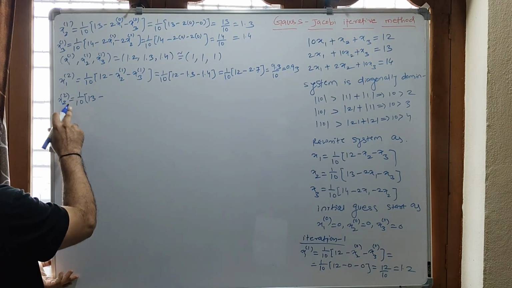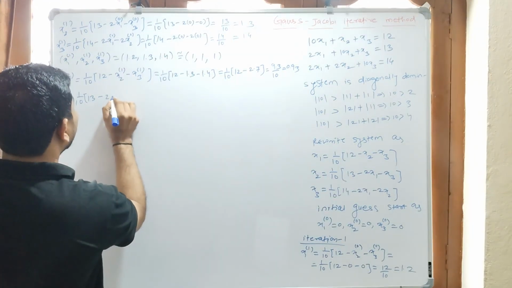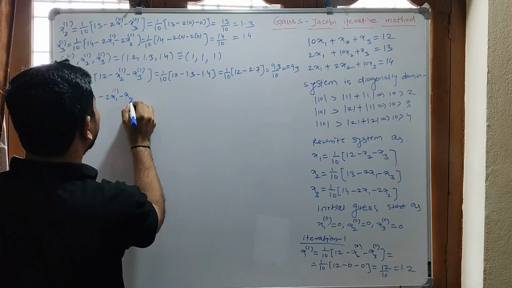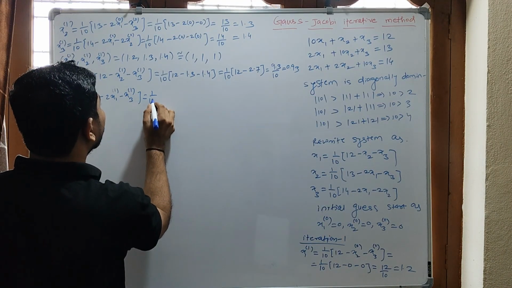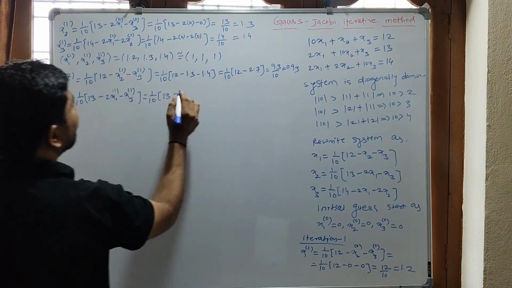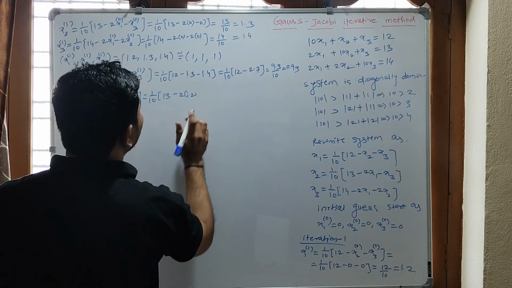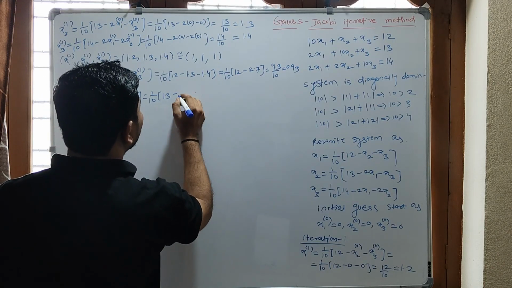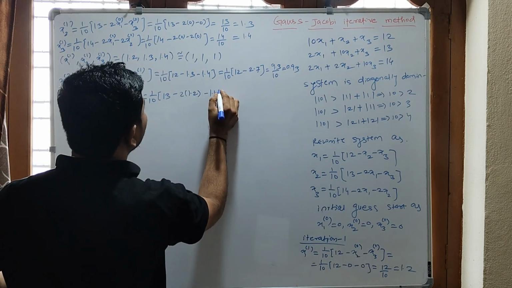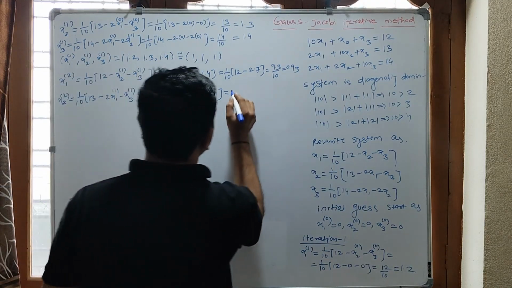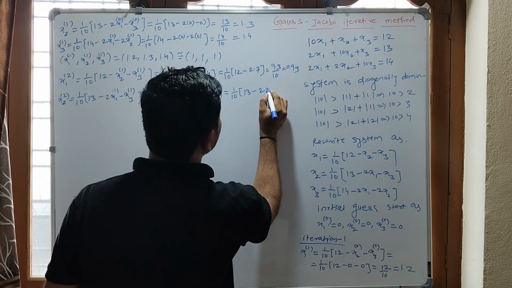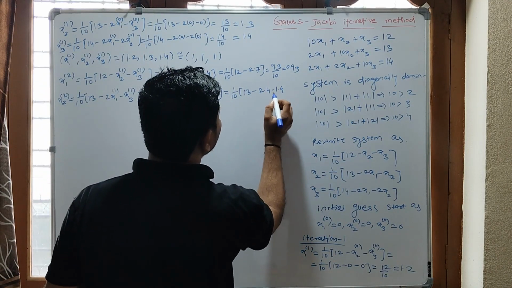So x2 at 2 is 1 by 10 times 13 minus 2 times x1 at 1 minus x3 at 1, which is equal to 1 by 10 times 13 minus 2 times 1.2 minus 1.4, that is 2.4 minus 1.4.